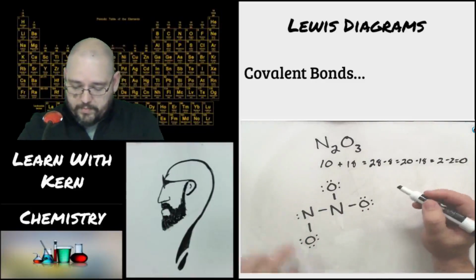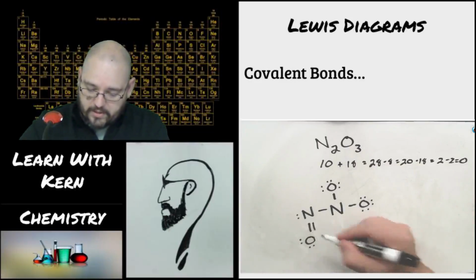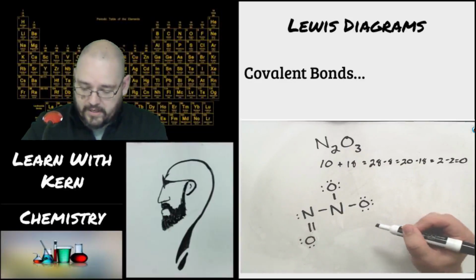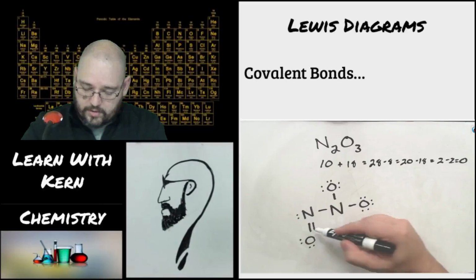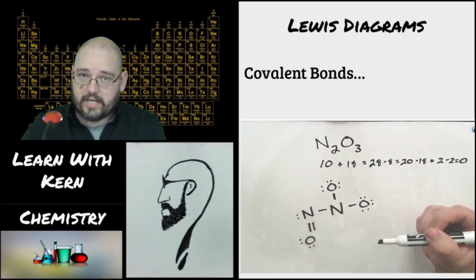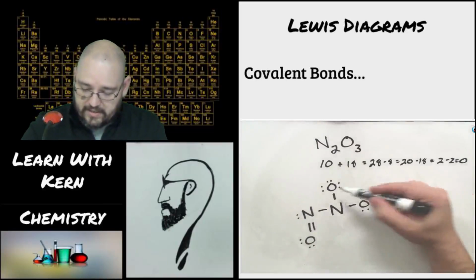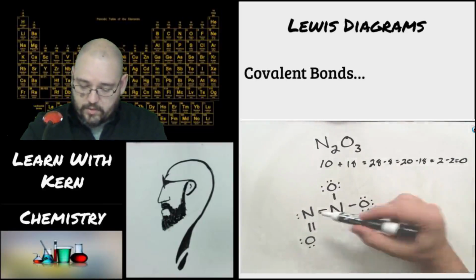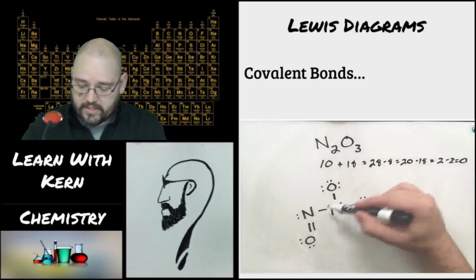Okay, so now I can make a double bond between the nitrogen there, and that gives me 2, 4, 6, 8 on oxygen, 2, 4, 6, 8 on nitrogen, and this oxygen has 8 and this oxygen has 8. So everything's stable, but now this nitrogen only has 6, 2, 4, 6.